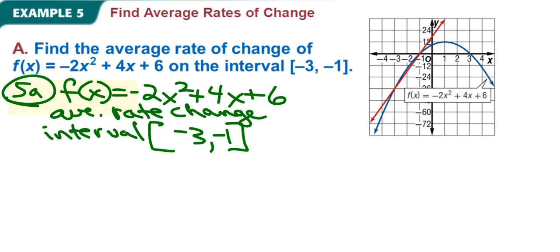So in my mind, that means x1 is negative 3, x2 is negative 1. And we all agree for ordered pairs and slopes, it doesn't matter which ones I pick as long as x1 and y1 match and x2 and y2 match, but I can interchange them.